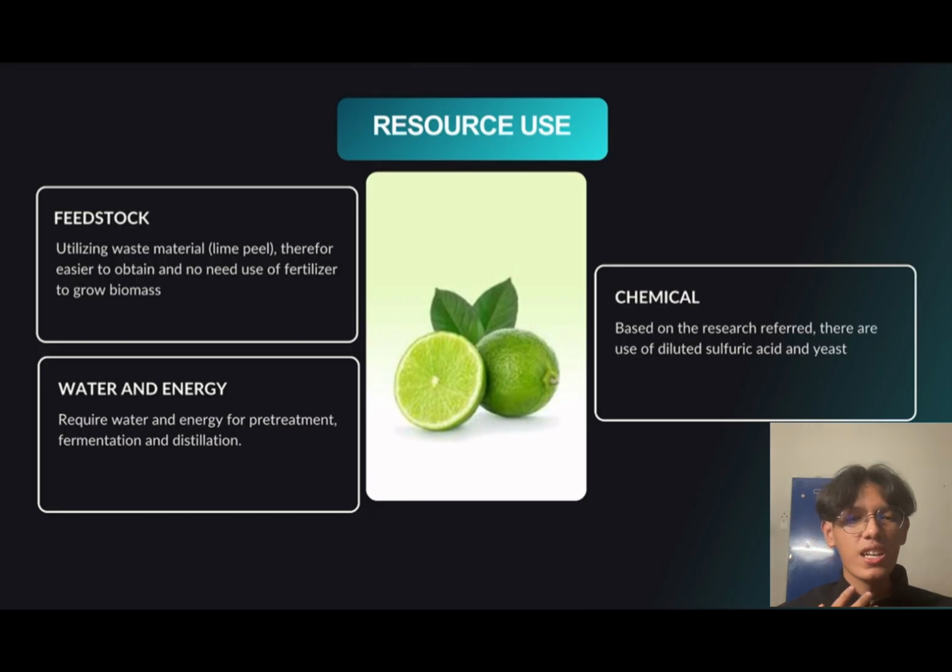For water and energy, we require water and energy for the pre-treatment process, fermentation and distillation. There is one more, that is chemicals. Based on our research, there is some use of chemicals, that is diluted sulfuric acid and yeast.